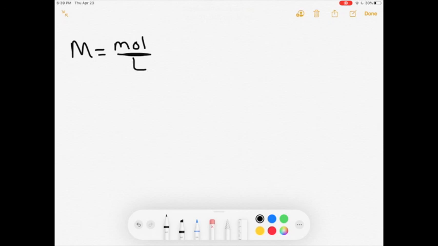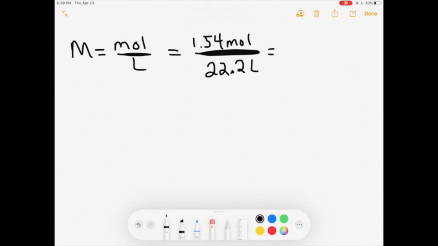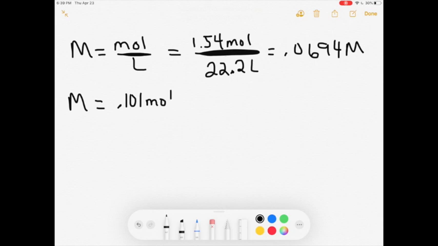So we have 1.54 moles divided by 22.2 liters, and that gives us 0.0694 molarity. And then B, we have 0.101 moles divided by 6.4 liters, which gives us 0.0158 molar.